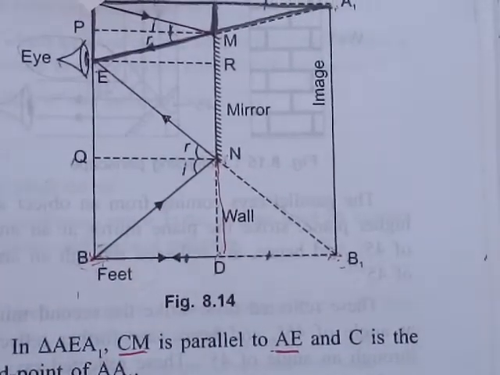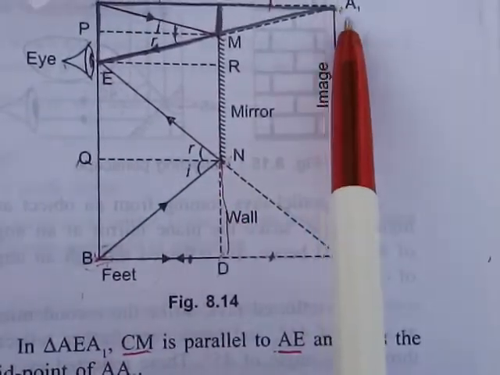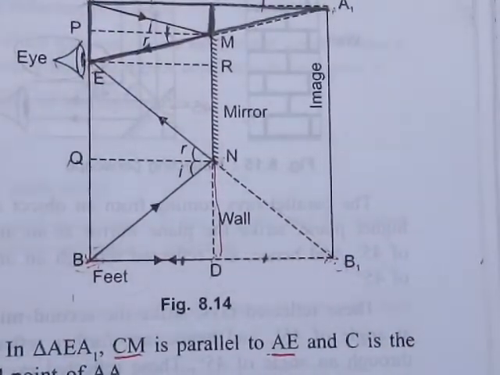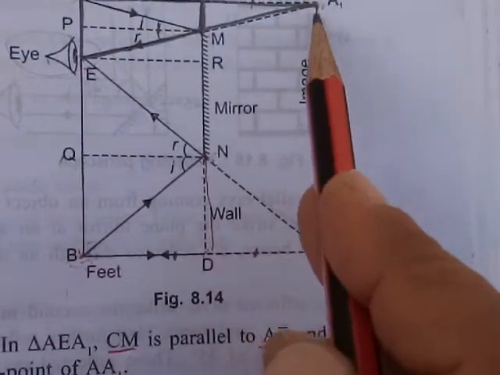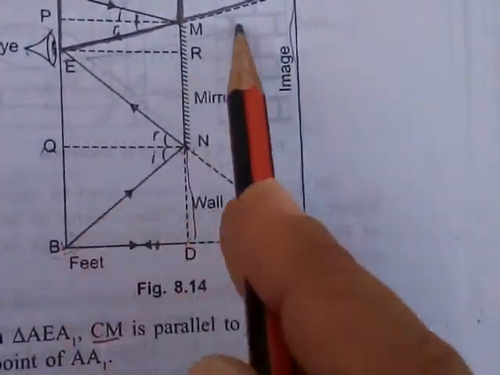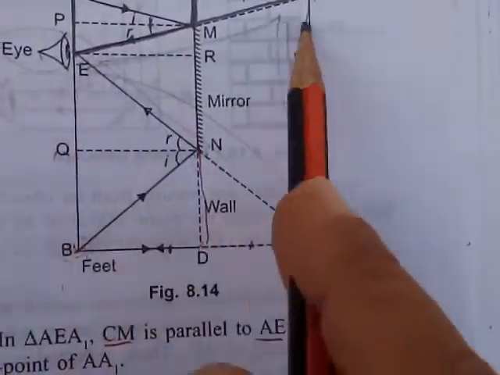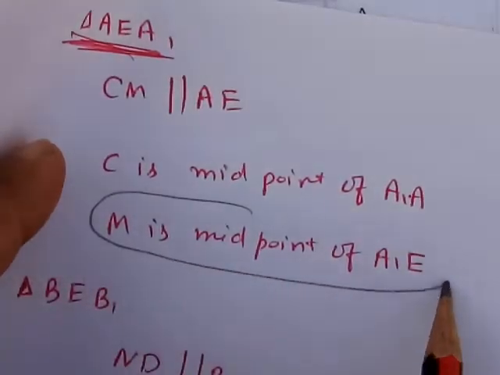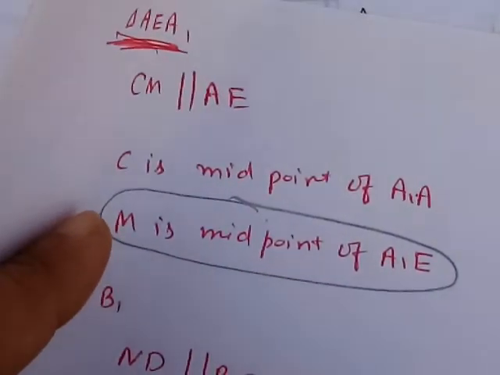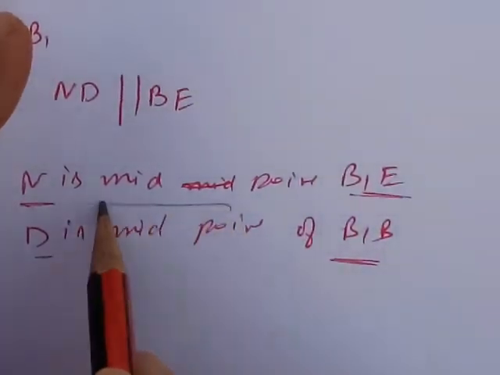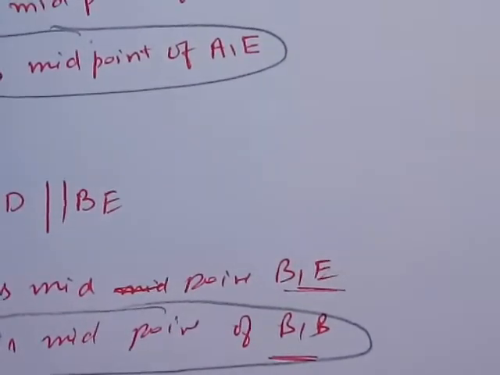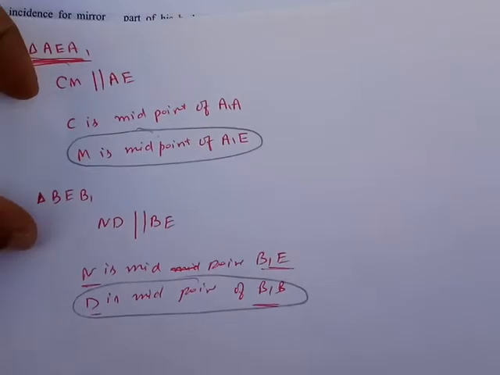Now I am going to take the bigger triangle A1B1E. In this triangle, M is the midpoint of A1E and N is the midpoint of B1E, which we proved previously.